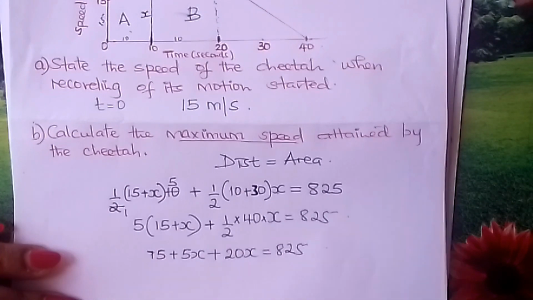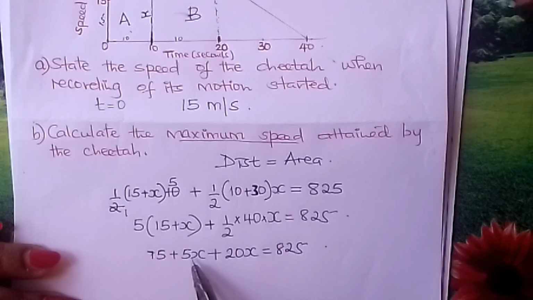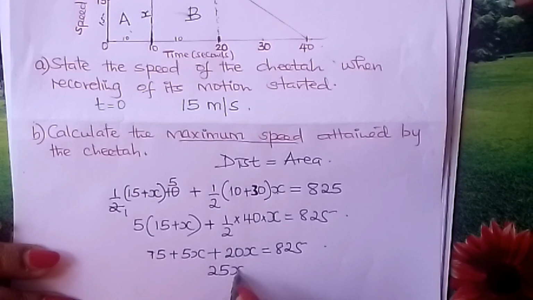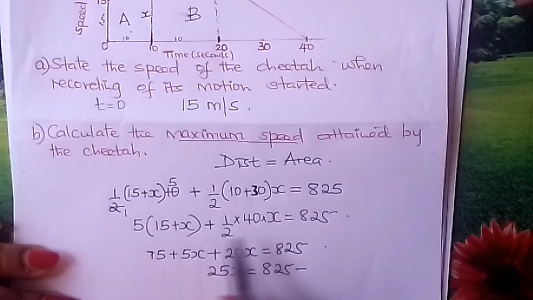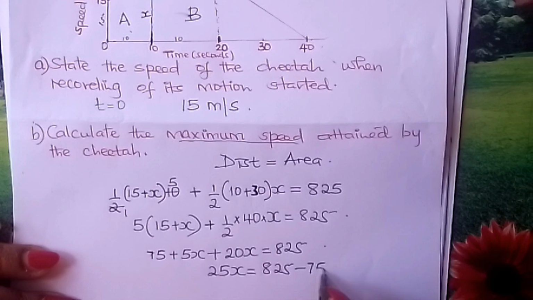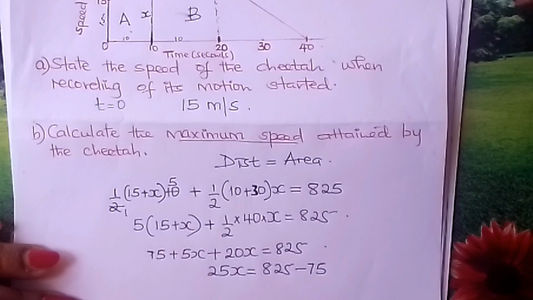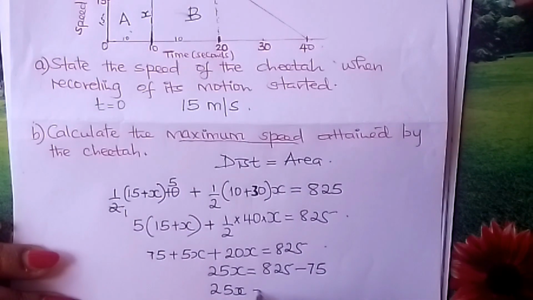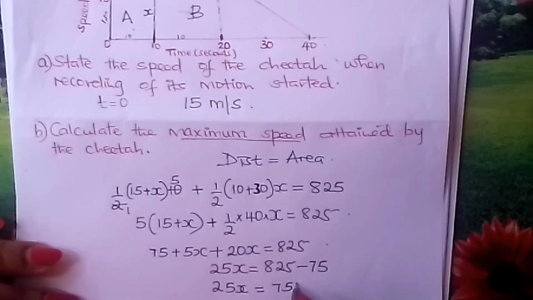From there, we put the like terms together. This plus this, Lana, gives us 25x equals 825 minus 75. You take 75 to the other side. So 25x is equal to 750.